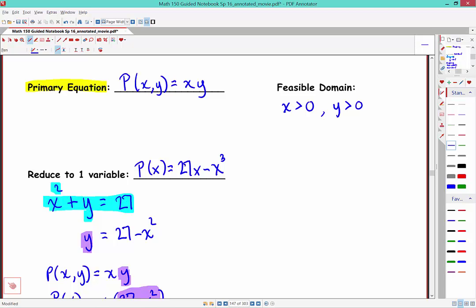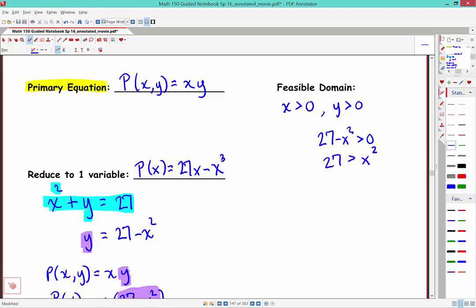Now we know that y is equal to 27 minus x squared. So that has to be greater than 0, which means that 27 would have to be greater than x squared, meaning that we would have to have what? Think about 27 minus x squared.